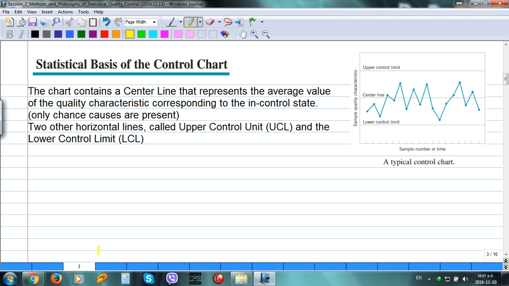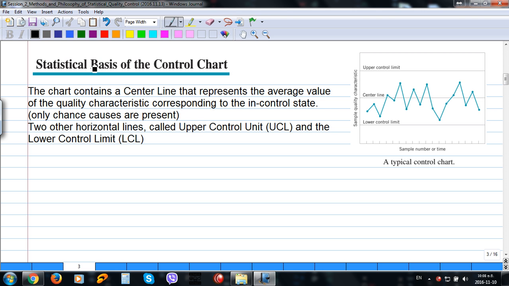Then, the statistical basis of the control chart. This is also an introduction. We are going to talk about what a control chart is, and we will do the calculations related to control charts in the next two chapters.